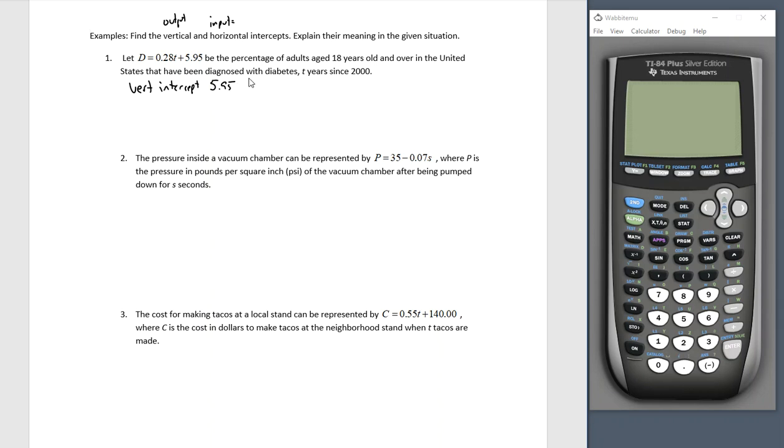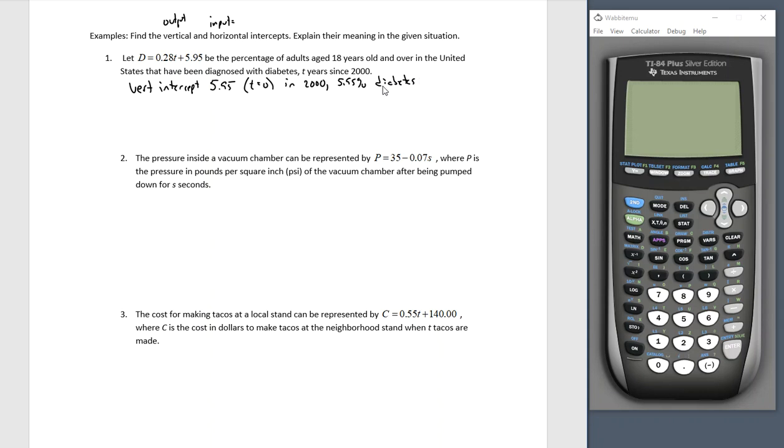So what that means when t equals 0, in the year 2000, there were 5.95% adults with diabetes aged 18 and over. I don't think we have any adults aged 17 or younger.